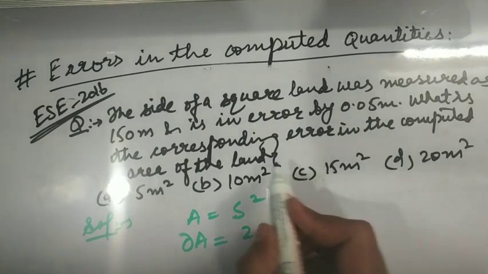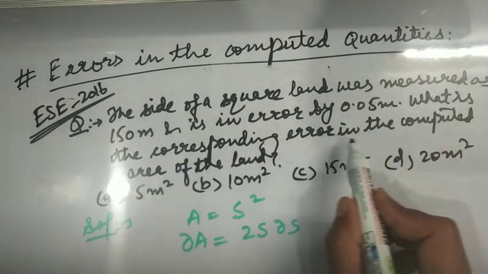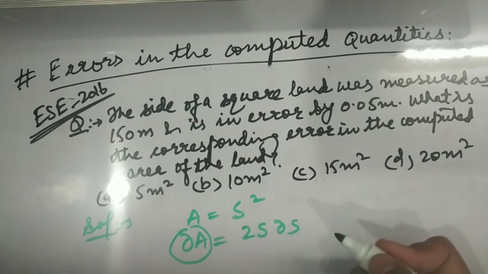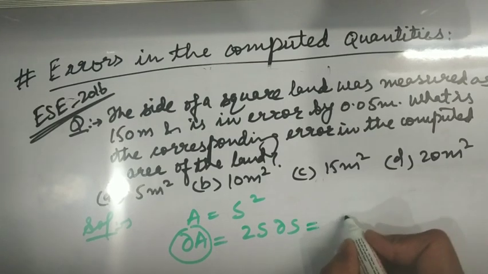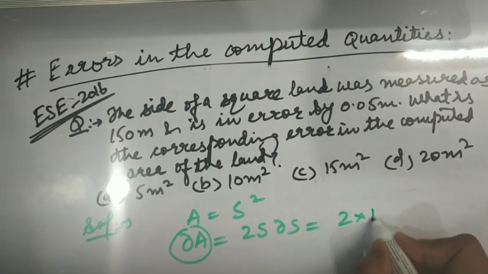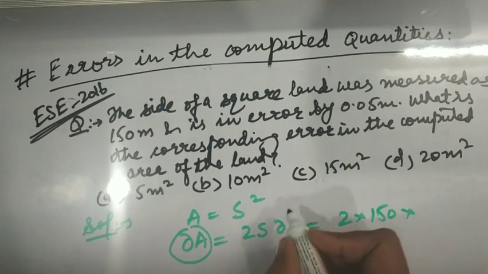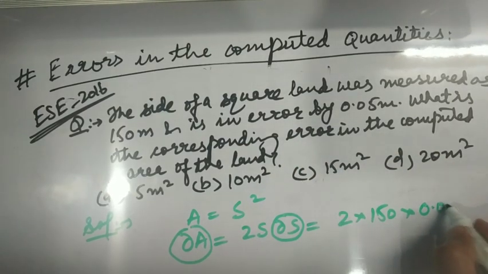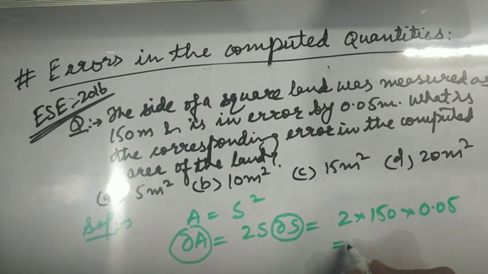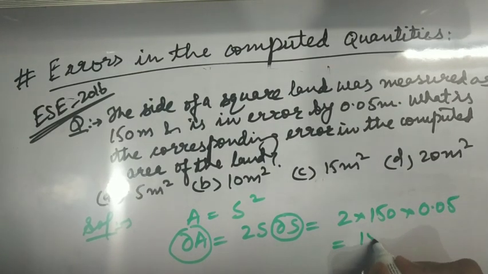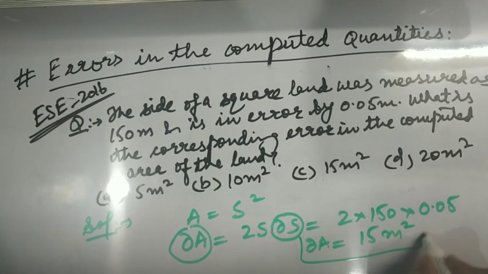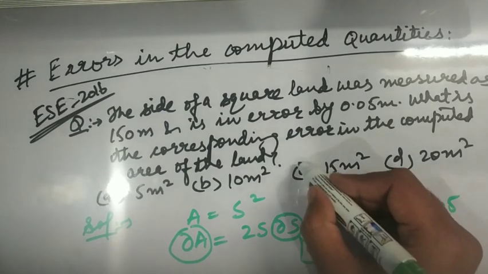Now, he's asking what is the corresponding error in the computed area. So we have got the formula, we just have to put the values and get the answer. So our side is 150 meter and dou s is the error in side, that is given as 0.05. On substituting these values, we get 15. So our error in area is 15 meters square. So the option C is correct.